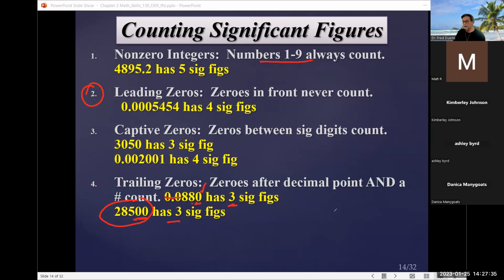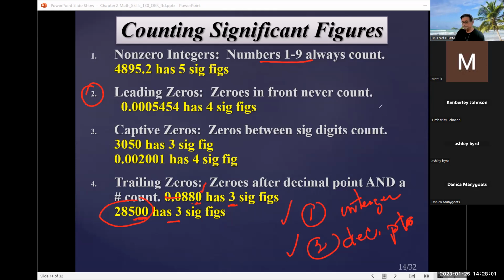And for any other 0, and it's only for zeros, you ask two questions: is there an integer in front of that number, and is there a decimal point anywhere in that number? If you answer yes, yes, then those zeros count.